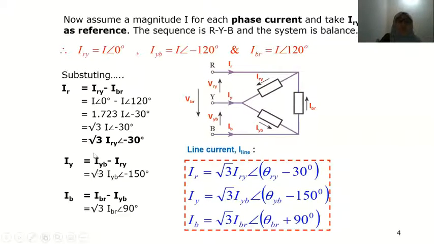We know that your IRY is I with 0 degree.